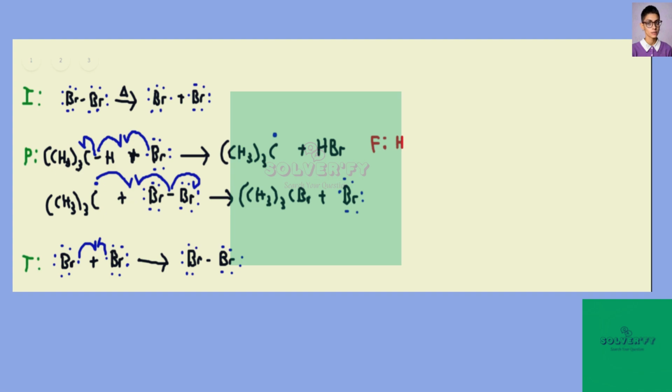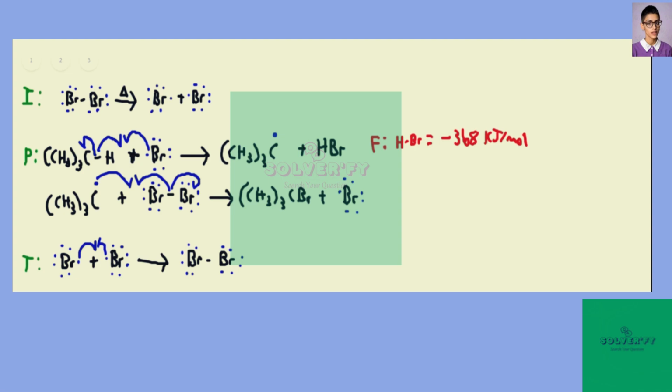Let's say F for formed is going to be HBr, and that is worth negative 368. Again, we're referencing part A for this, or that table 6.2. So formed is going to be negative 368 kilojoules per mole.